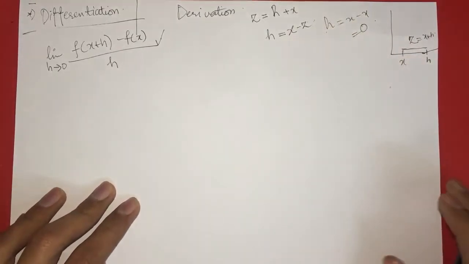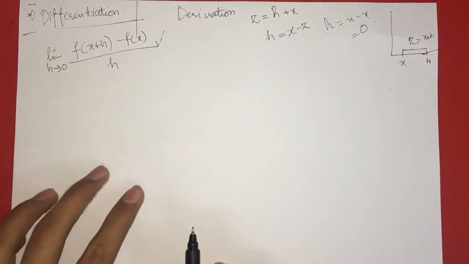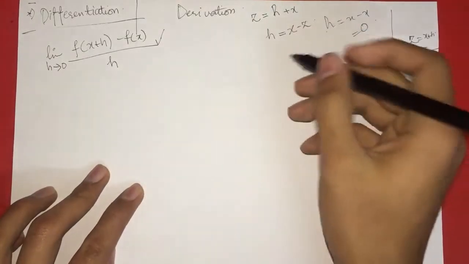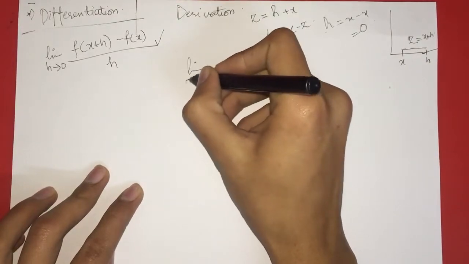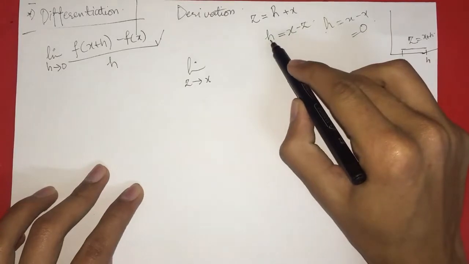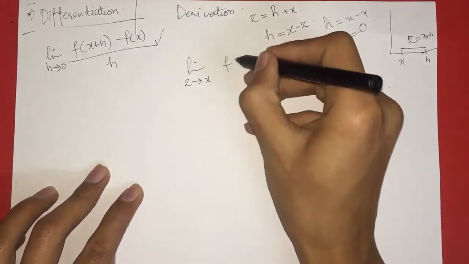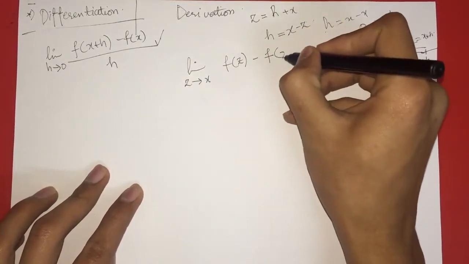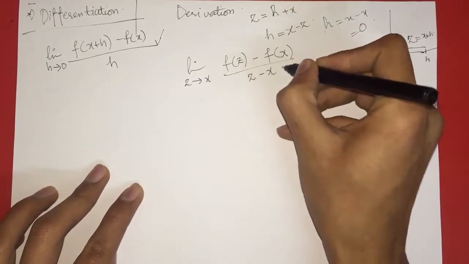Using this result, we can derive an easier formula for the derivative of a function. What we conclude is, the limit as z approaches x, so when z approaches x, h approaches 0, of f of z minus f of x divided by z minus x.